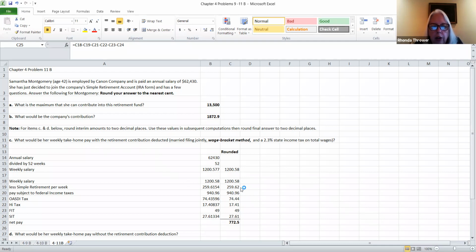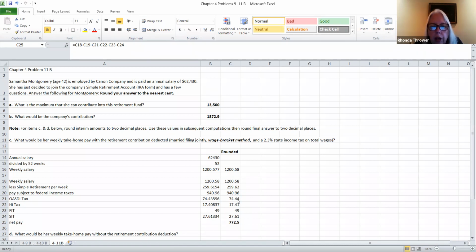We subtracted out the weekly amount of the simple retirement, and that left us with this amount that was subject to the federal income taxes. The OASDI tax was 6.2% of the gross amount without the retirement taken out of it, which was $1,258.